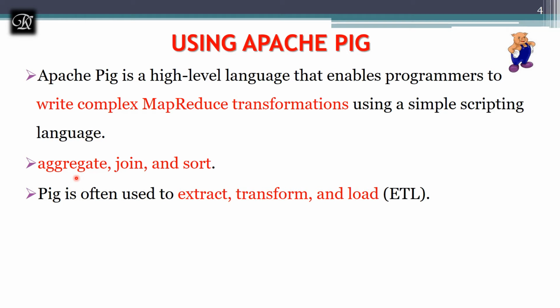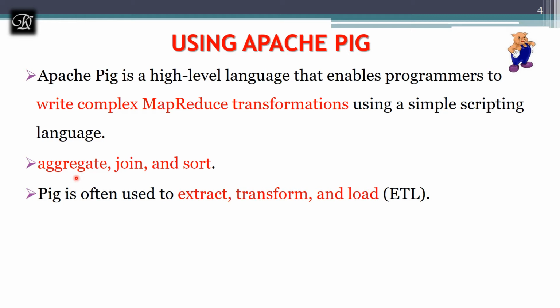The language which Pig uses to write scripts is called Pig Latin. Pig Latin is a procedural data flow language used by Pig to analyze the data. It is easy to program using Pig Latin as it is similar to SQL.